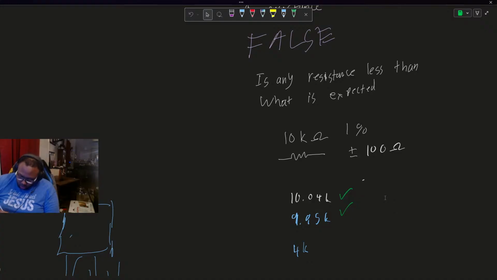This is a short. Current is being sunk through this. So when you have a short circuit, like Skull's meme that he posted, low voltage. Path of least resistance.